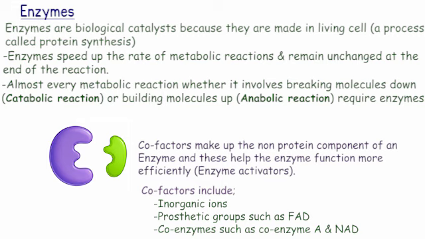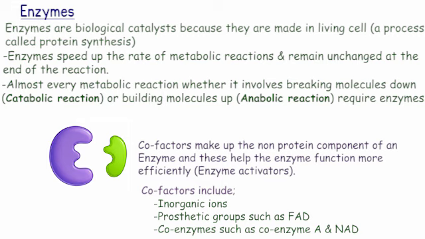They basically make the enzyme active. Then next are the prosthetic groups and coenzymes, and these assist in activation and catalytic activity of the enzyme. Now these are usually ignored, and I'll also ignore them, so you can do more research on that.